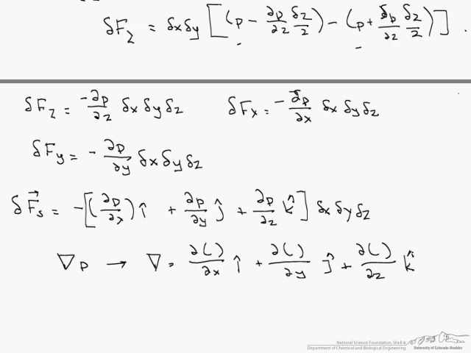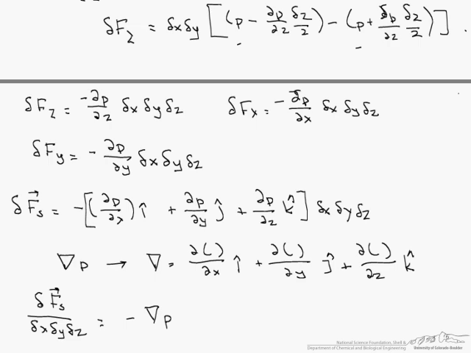In our case, our something is p. So now we can rewrite this vector divided by the volume as minus del p.